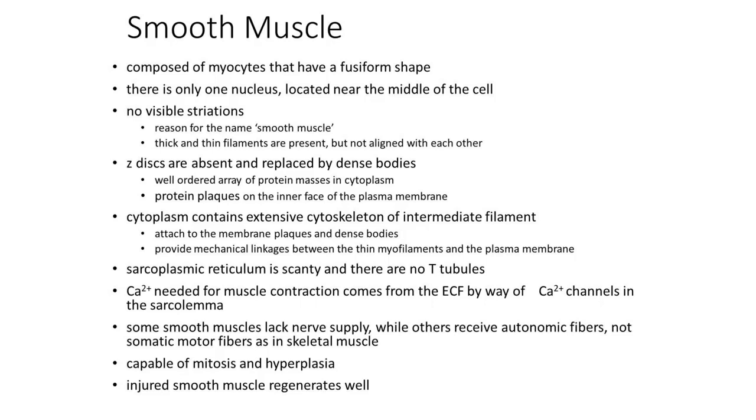Some smooth muscles lack nerve supply, while others receive autonomic fibers, not somatic motor fibers as we see in skeletal muscle. They are capable of mitosis and hyperplasia, and if they are injured, they can regenerate as well.